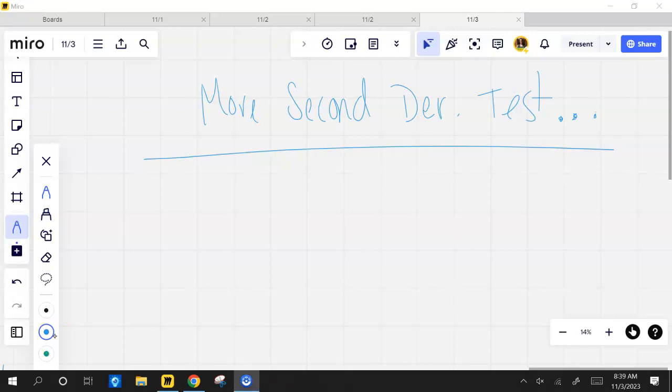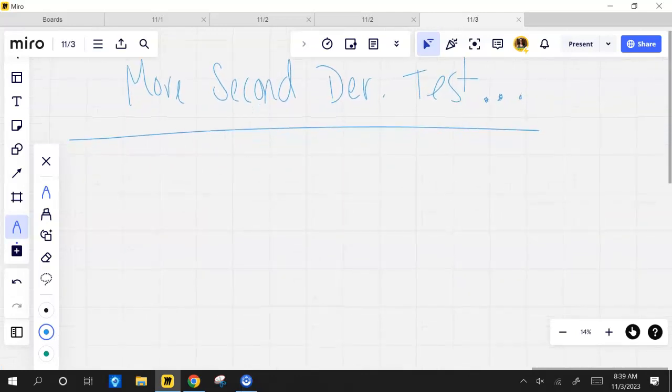Okay. More second derivative test. What did she say? That was not where this was supposed to go. Not that. I never brought that up. Y'all went there.